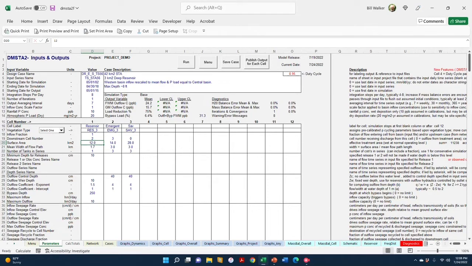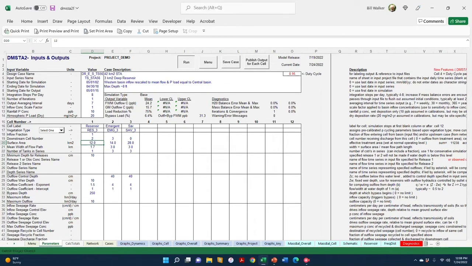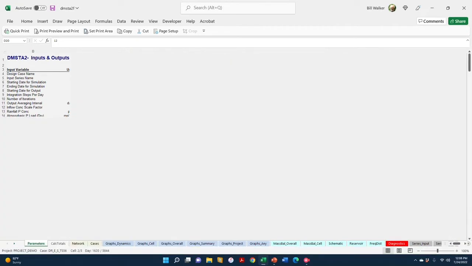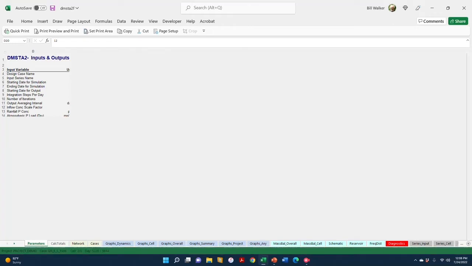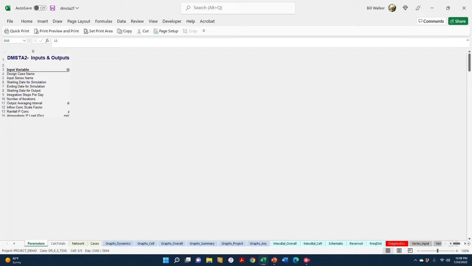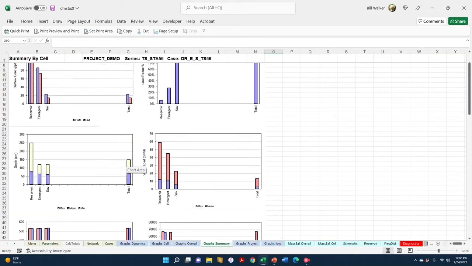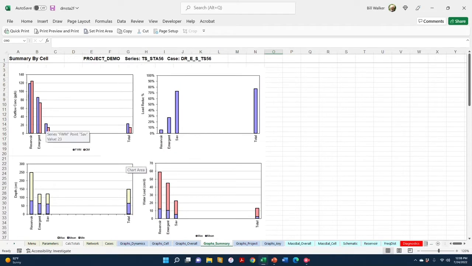Now let's try 10. Let's go to 12. So now that didn't really have too much of an effect.